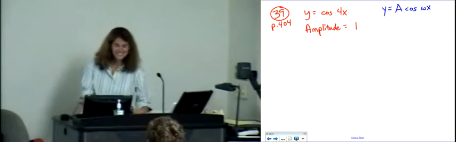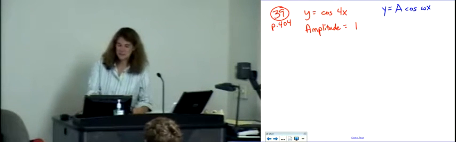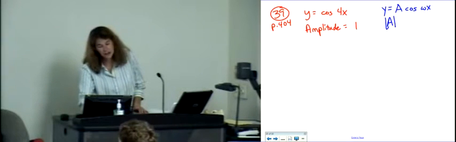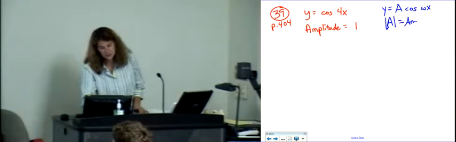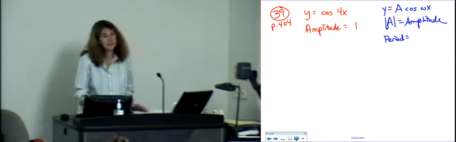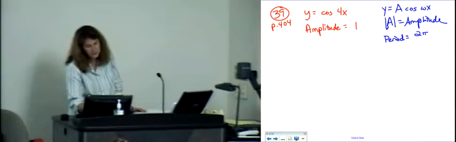I'm insulted. All right, y equals a cosine omega x, remember, was our general form. A, actually the absolute value of a, is the amplitude. And the period is, what was the formula for that period? 2 pi over omega.